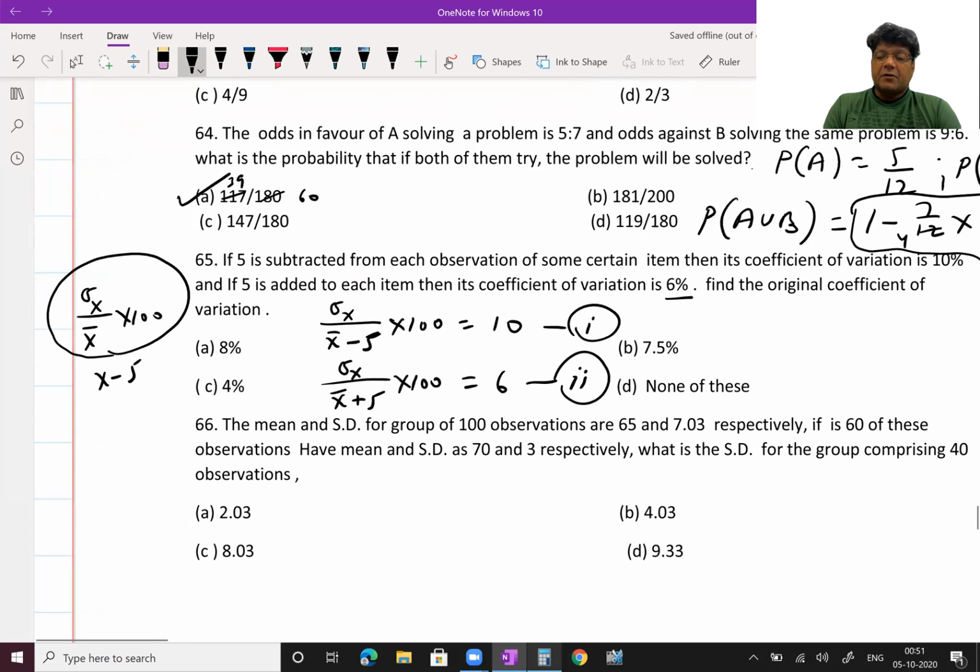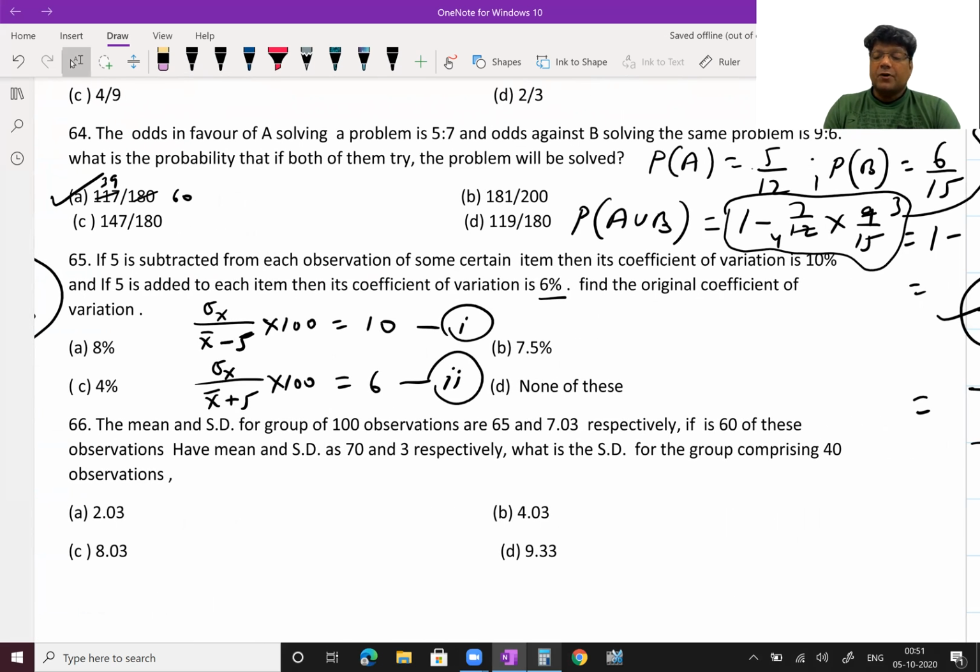So guys, if I divide number 1 and number 2, what will happen? Sigma x cancelled, 100 and 100 cancelled. It will come x bar plus 5 by x bar minus 5 is equal to 10 by 6.